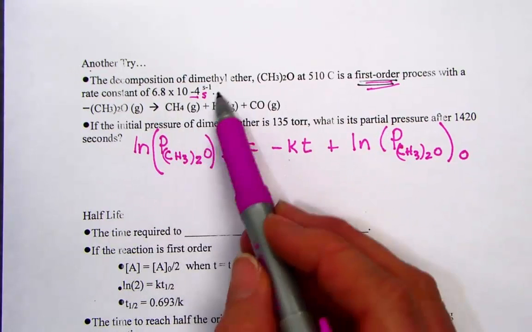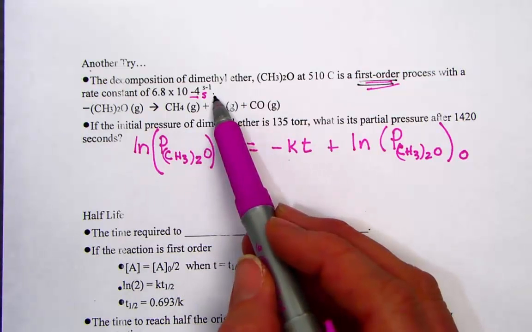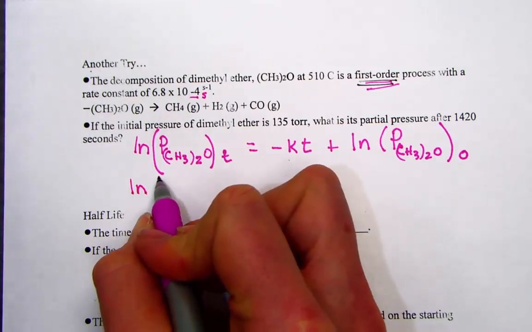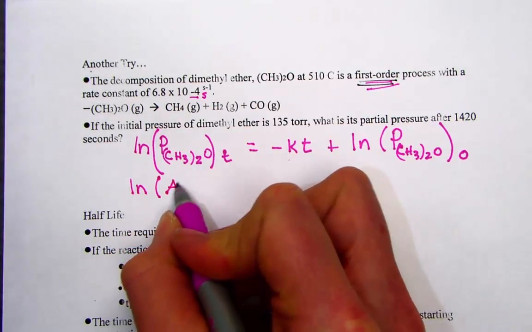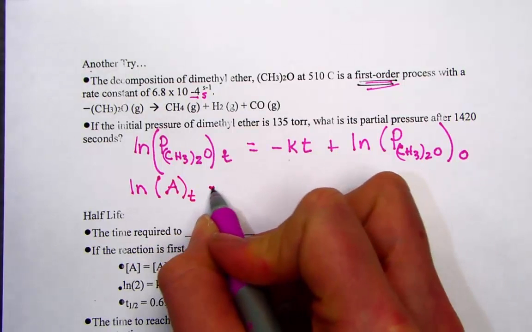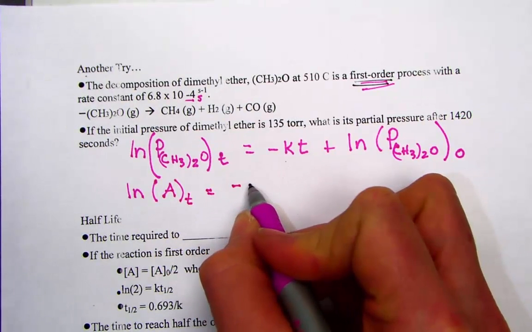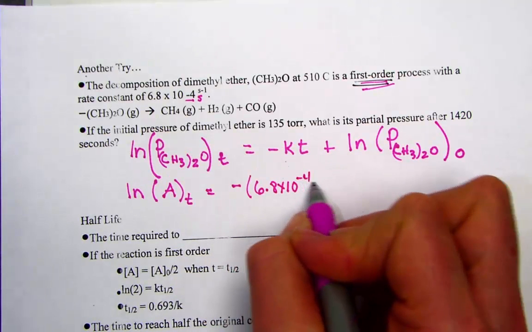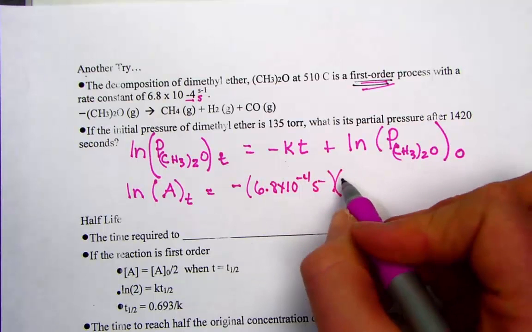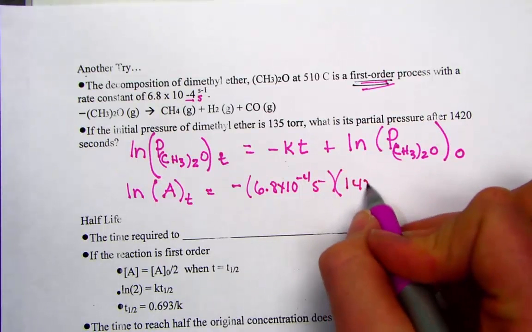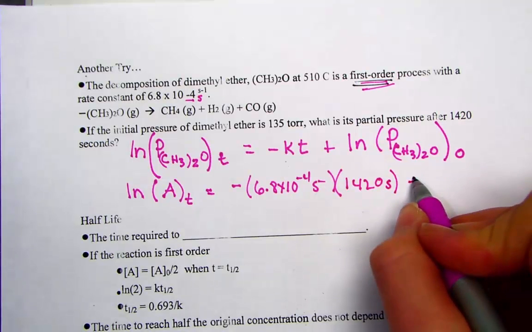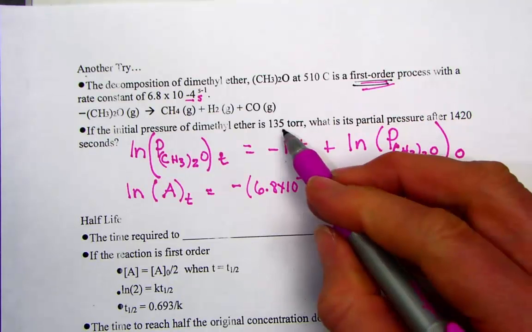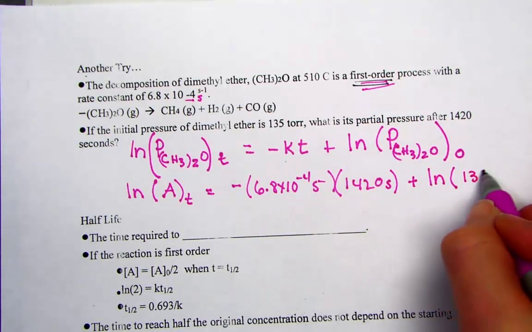I check to see if my rate constant matches the time unit. It does indeed. It's in per second. The natural log of our reactant, I'll just switch to A at any time t, is equal to negative k, given to us, 6.8 times 10 to the negative 4th per second, times the amount of time that went by, 1420 seconds, plus the natural log of the original pressure given to us, 135 torr.